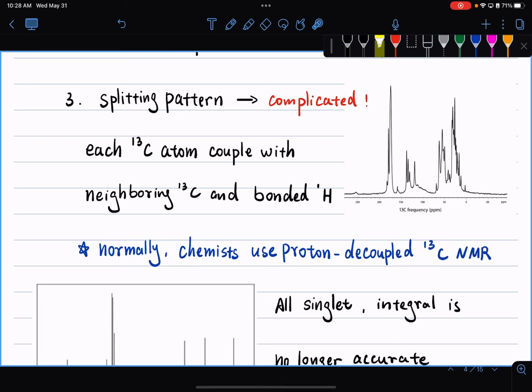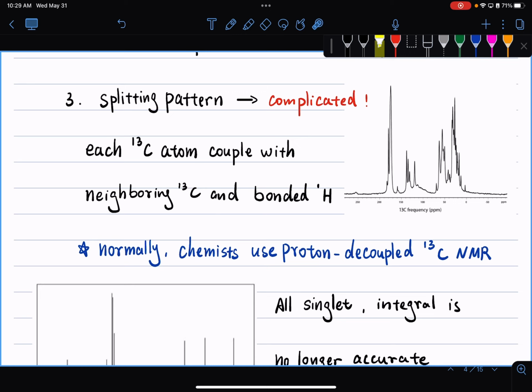That's why we only have singlets in your carbon-13 NMR. These are typical things that we covered in class, but your mind might not go in that direction. For example, it can be a short answer or multiple choice question asking why your carbon-13 NMR needs to be proton decoupled.